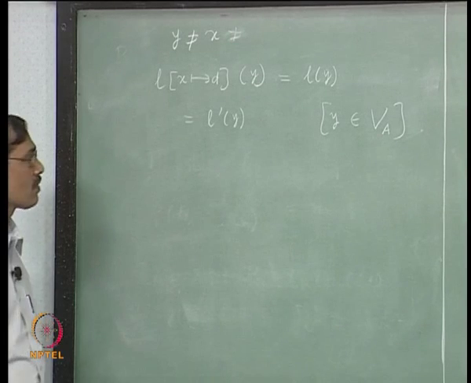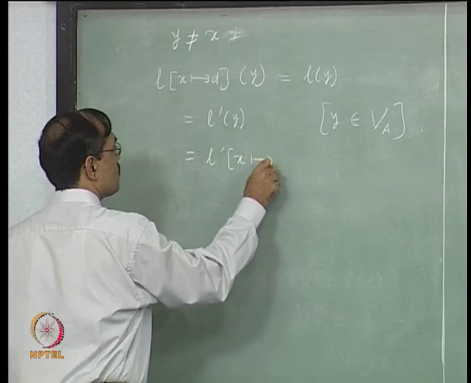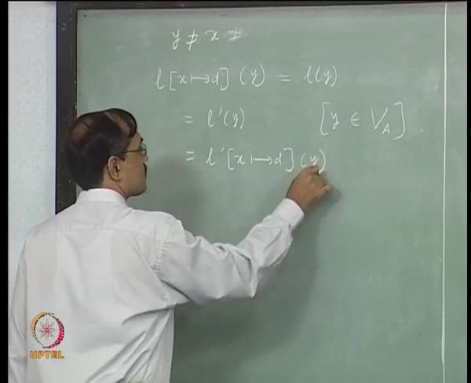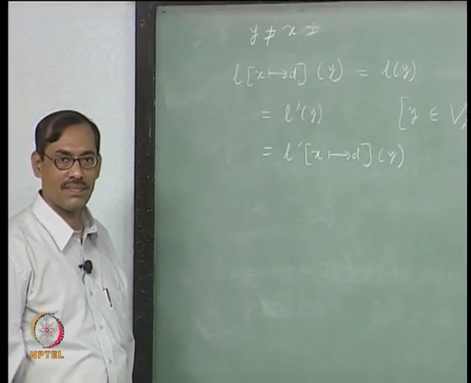Then this is equal to L prime of x fixed to d of y, only x is fixed to d, others are same, right.